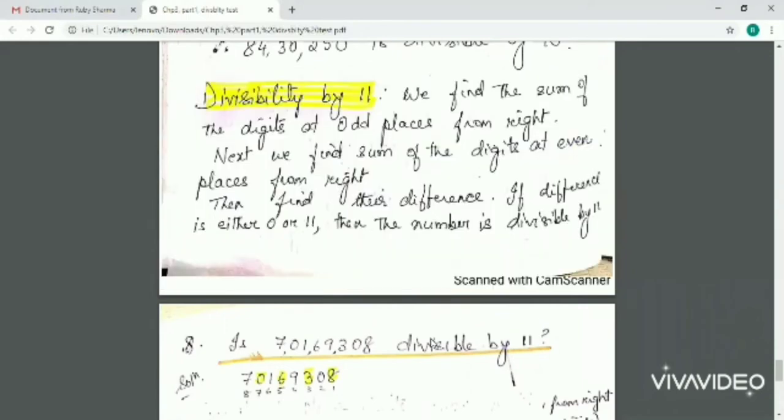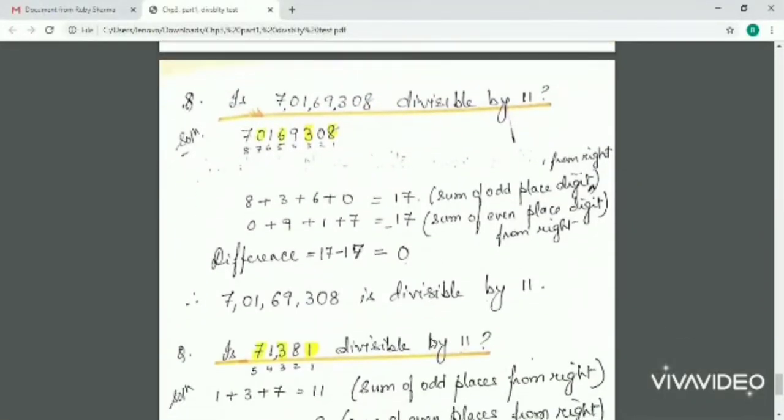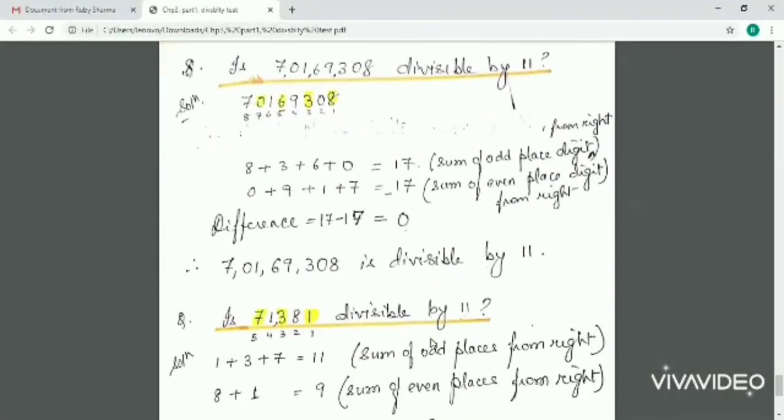So now I've done a sum for you. Is 7,21,69,308 divisible by 11?